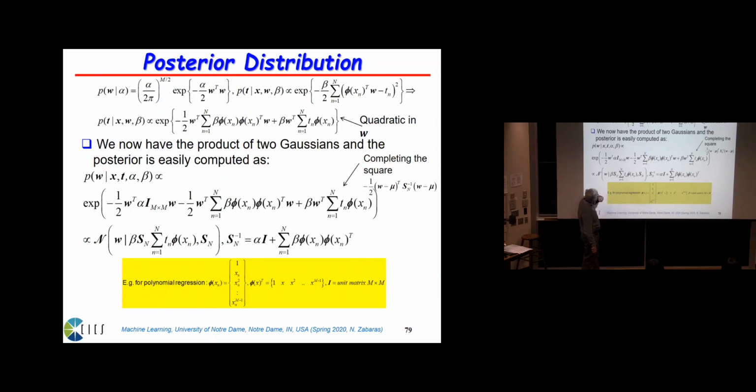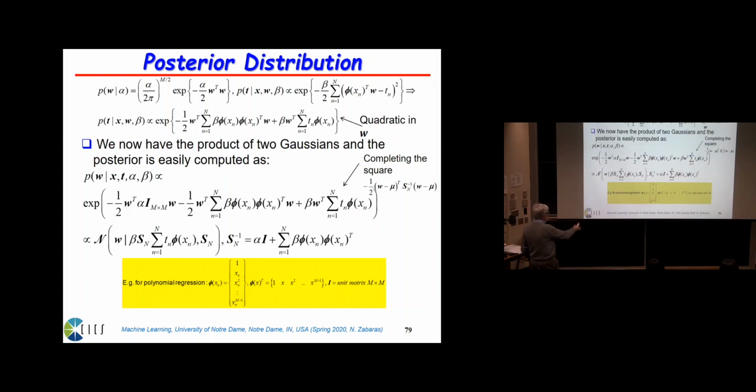So let me remind you of all the symbols. What is beta? Beta is the precision of the likelihood. Sn is given by this wonderful formula, where alpha is the precision of the prior, and phi of xn, remember, is the vector of all the basis functions evaluated at the data point xn.